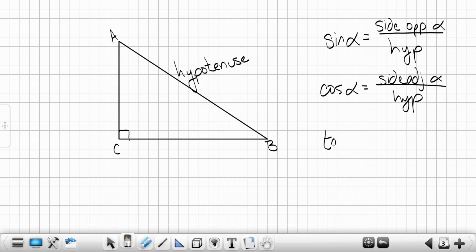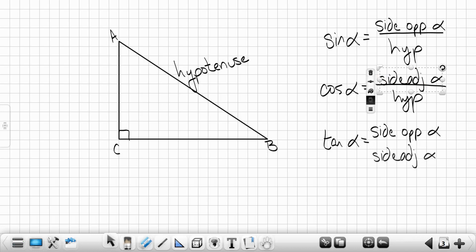And the tangent of alpha is the side opposite divided by the side adjacent. Tangent is also referred to as sine over cosine.